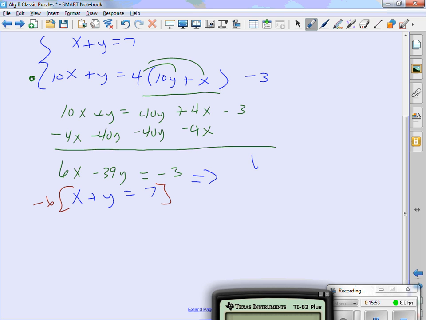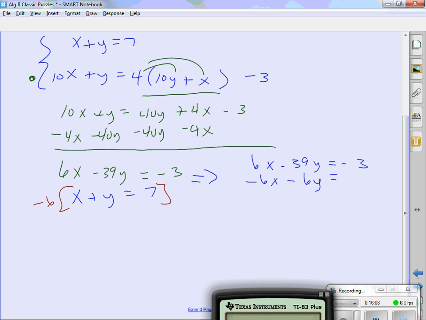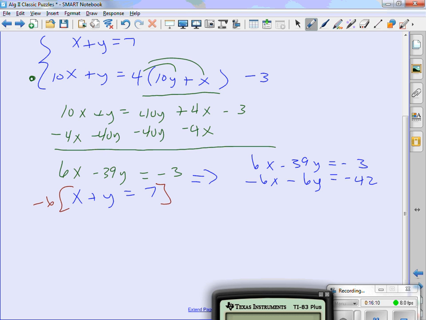So I have 6x minus 39y equals negative 3. When I distribute through, negative 6x, negative 6y equals negative 42. Gone. I have negative 45y equals negative 45.